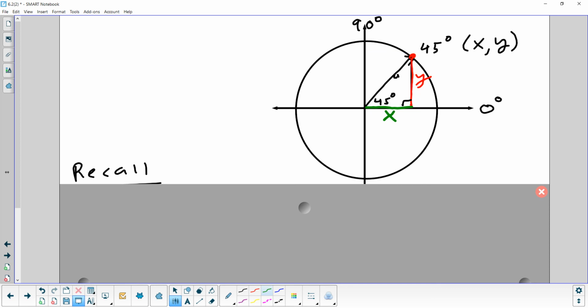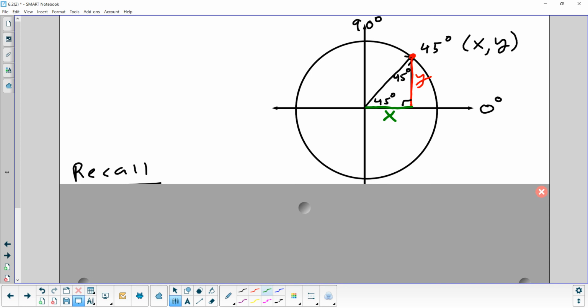Because all the angles in a triangle have to add up to what? Yeah. 180. So if that's a 45, because that's how we set the hypotenuse, and that's a 90, then the other one has to be a 45 to add up to 180. Now, that's a right triangle, but it has two angles that are the same.